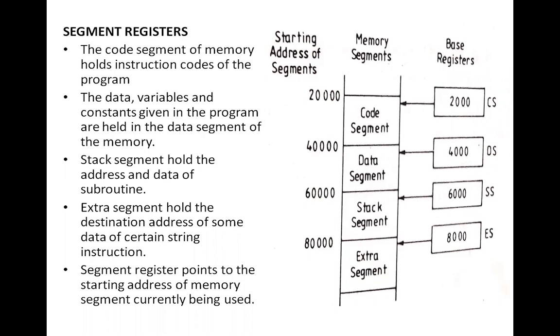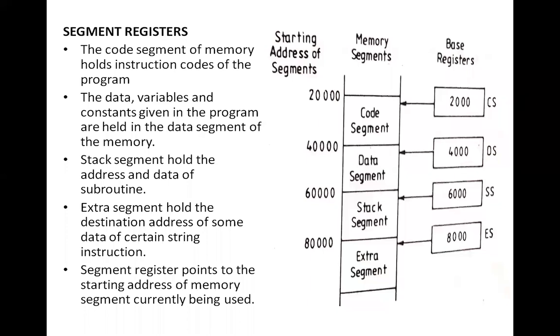The maximum capacity of a particular segment may be up to 64 kilobytes. That is why, if we use individual segments of 64 kilobytes, 1 megabyte of memory can be divided into 16 segments. So there will be a maximum of 16 segments, and each segment will have a maximum of 64 kilobyte capacity.